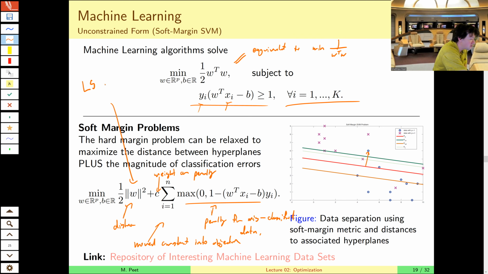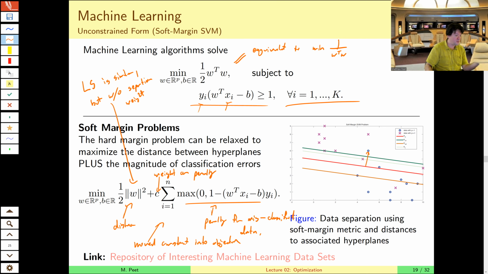So least squares is similar, but we don't try to separate. All of these problems are trying to do similar things. The advantage of the machine learning problem, or one of them, is that it can be used to solve very large data sets.